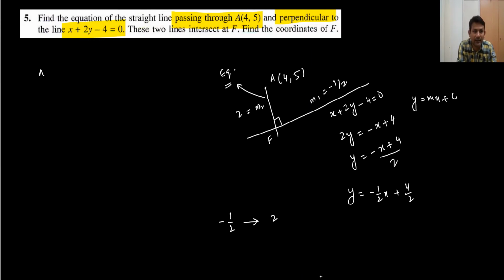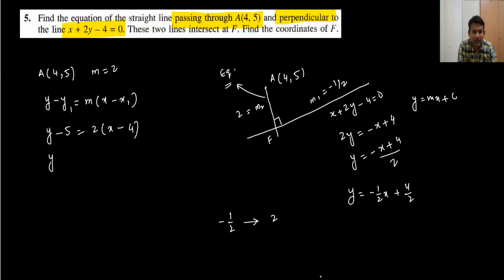So A has the coordinates (4, 5) and the gradient is 2. So the equation of this line is y minus y1 is equal to m times x minus x1. So y minus 5 is equal to the gradient 2 times x minus 4, and when we arrange it, y minus 5 is equal to 2x minus 8.